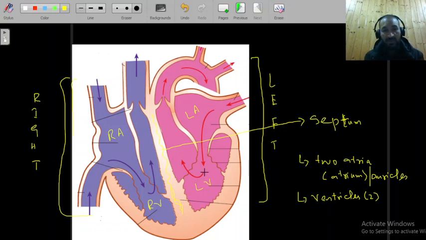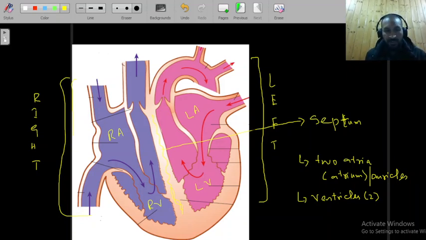And this septum doesn't allow the oxygenated blood to mix with the deoxygenated blood. So the blood which is present in the right half of your heart doesn't mix with the blood that is in the left half of your heart. So the only way that the blood of one half of your heart goes to the other half of the heart is that it has to flow out of the heart around your body or your lungs, and then it can return back to the other half of the heart.